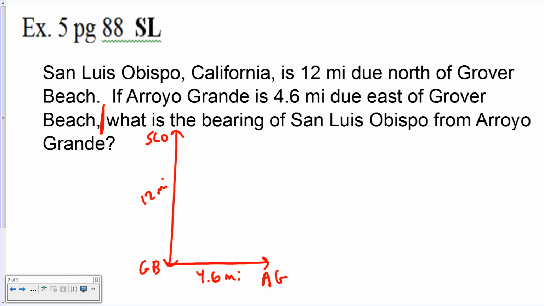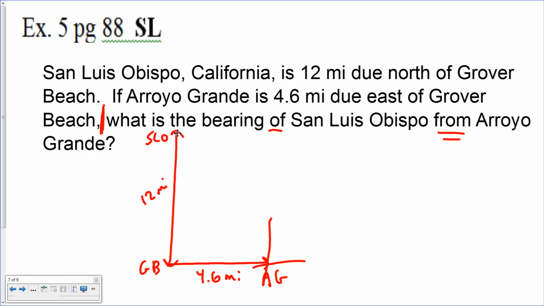The bearing of, here are my key words, of and from, that I want to think about. From, I like to think about, is the base, the anchor, where I'm starting from. So whenever you see the from and I want to find a bearing, I would always just do a quick north-south line at that point and then draw it in.